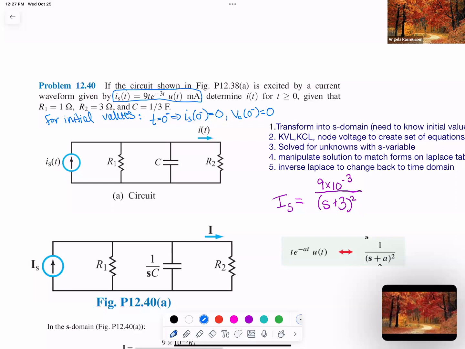Is that 19? You said I was 9. Oh yeah, no, that's.